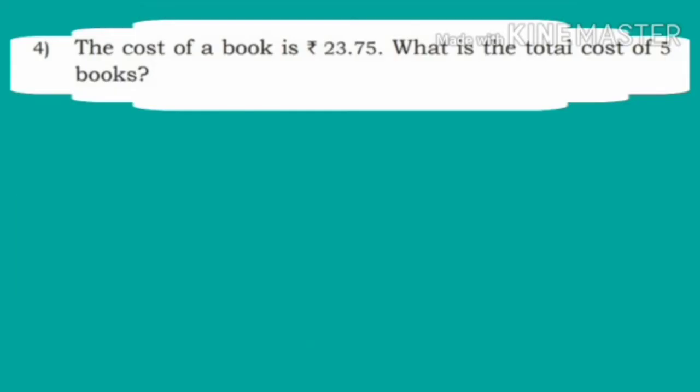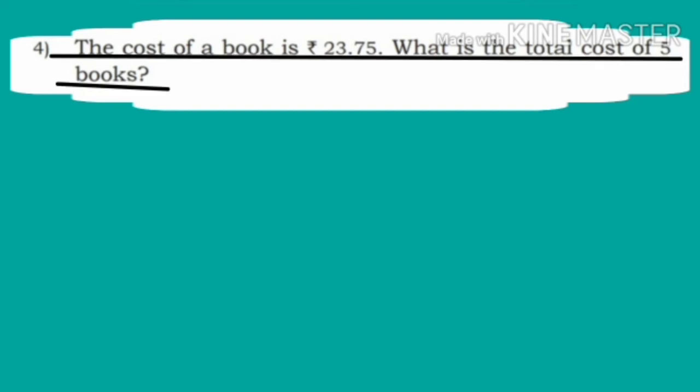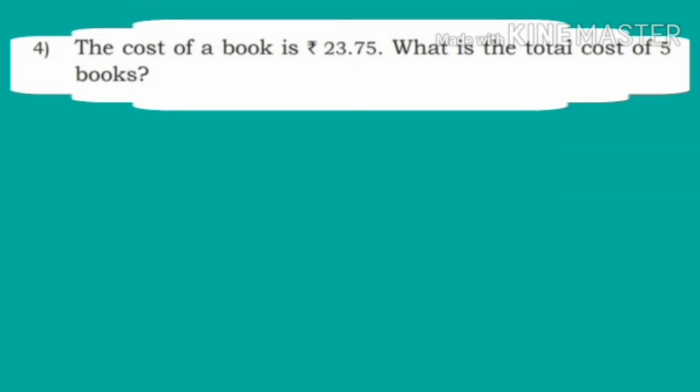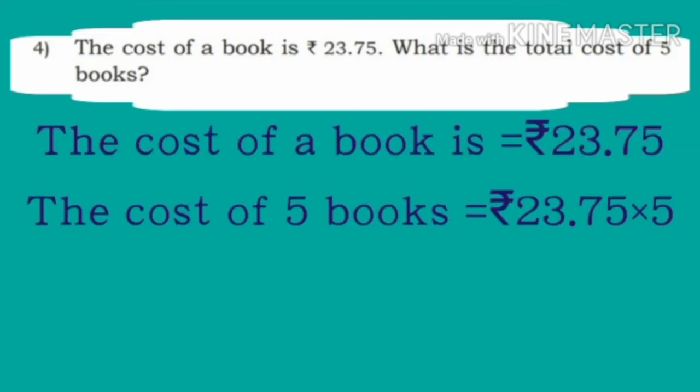Let us solve the fourth problem. The cost of a book is 23 rupees 75 paise. What is the total cost of 5 books? Let us write data in steps. The cost of a book is 23 rupees 75 paise.